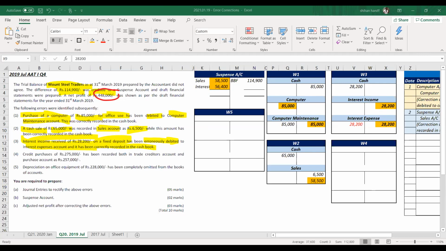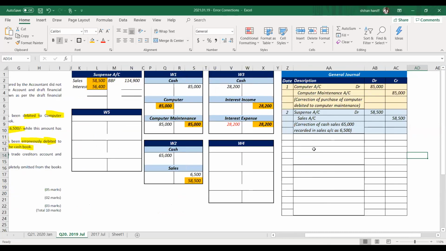Suspense account is debited the double, 56,400. Okay, is it clear? Right. Now let's write the correction entry.